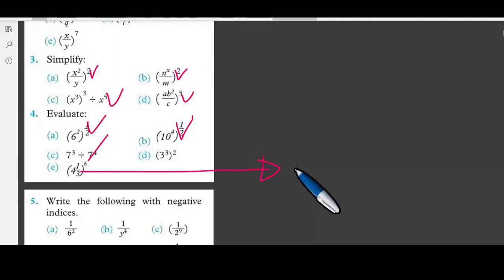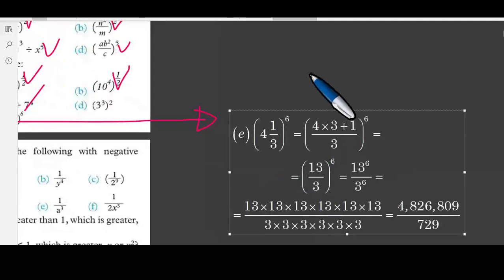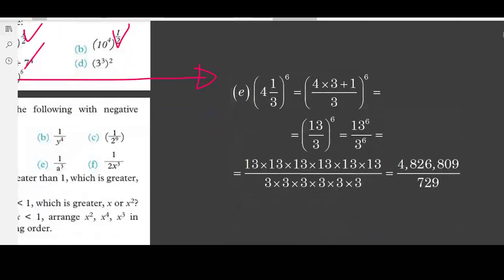Now see, this is an improper fraction. These are mixed fractions. I first convert them into improper fractions, and then I applied the law of the power. And the final answer is as shown.